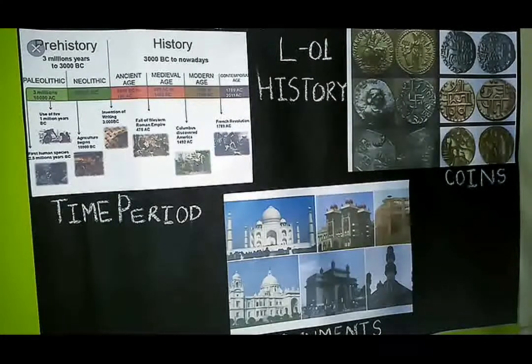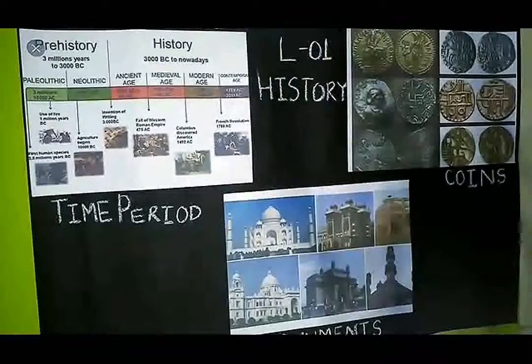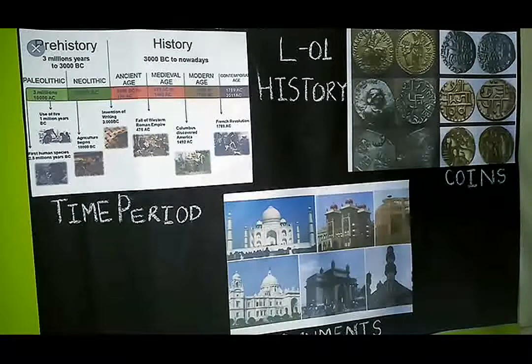Ancient period. It refers to the very old period when few sources are available about this period. It covers the period up to the 8th century AD. Now medieval period.